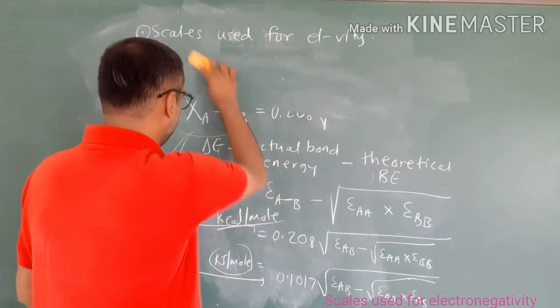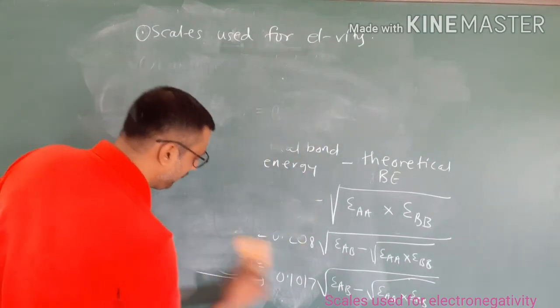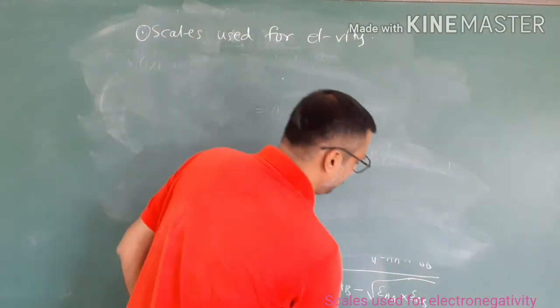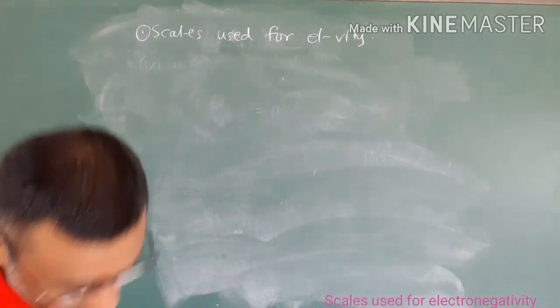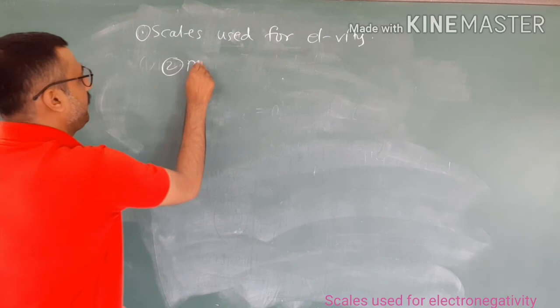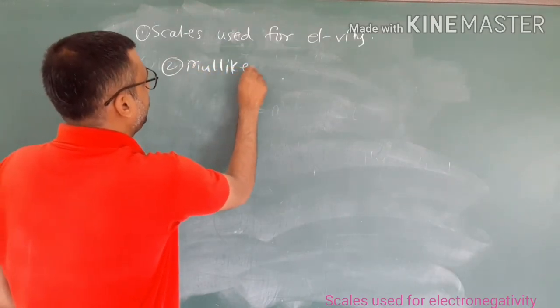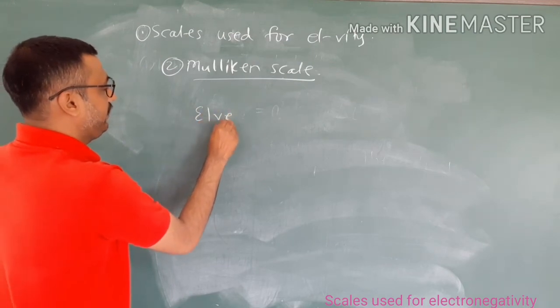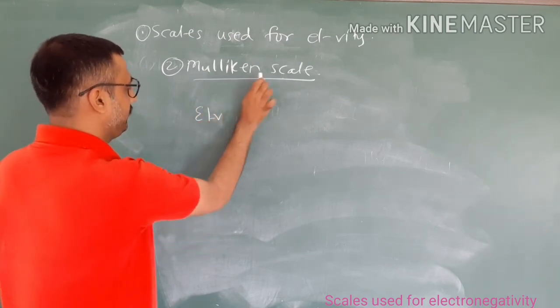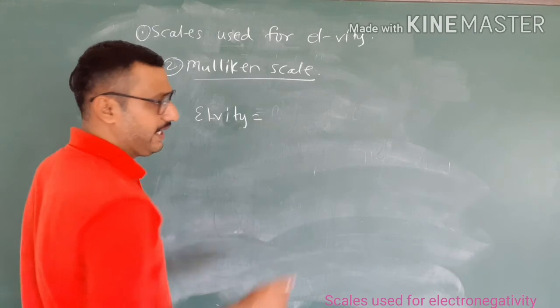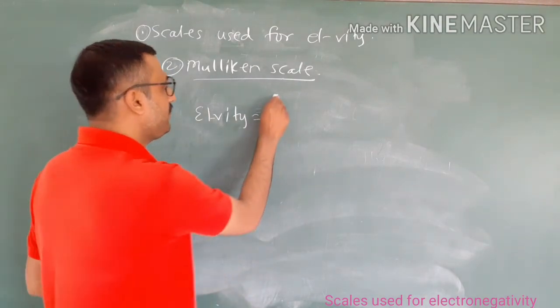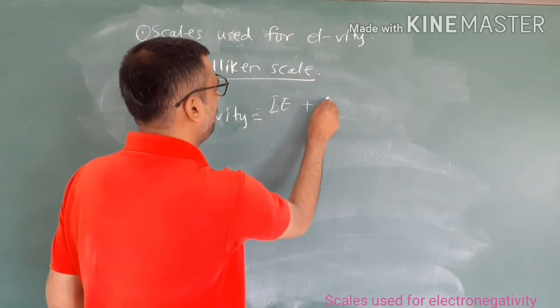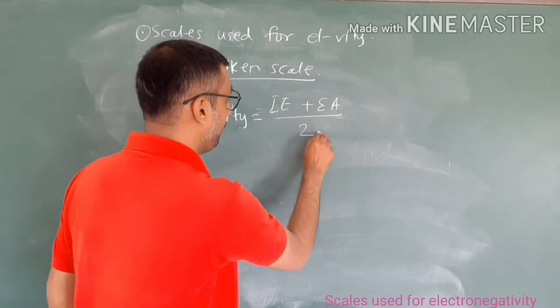Then the next scale used for electronegativity is the Mulliken scale, which is an easy one. According to the Mulliken scale, the electronegativity of an atom equals its ionization energy value plus its electron affinity value, divided by 2.